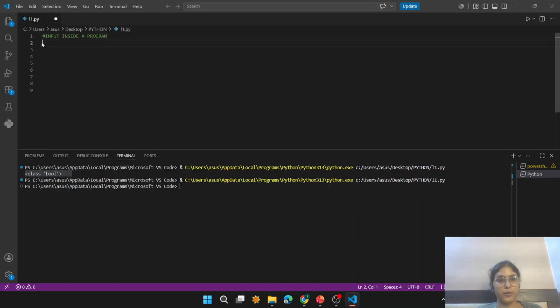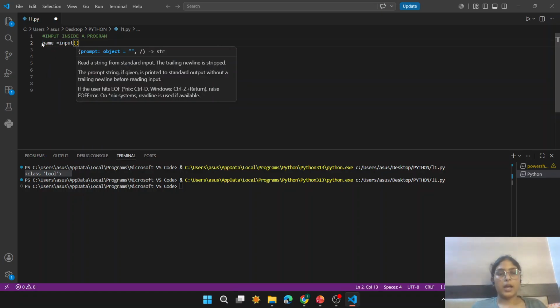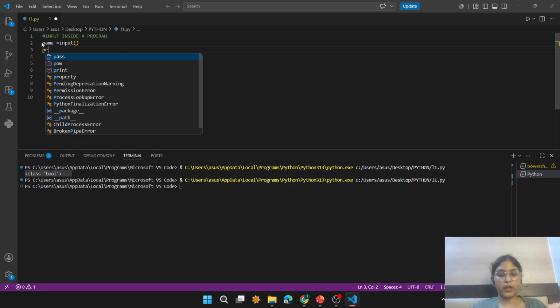So how does the input function work? It's very simple. For example, I am creating it for name. name equals input, and let's leave it simple and print the name.